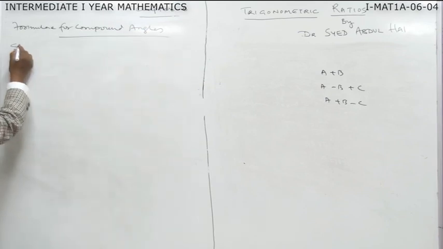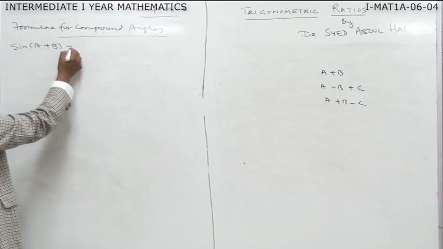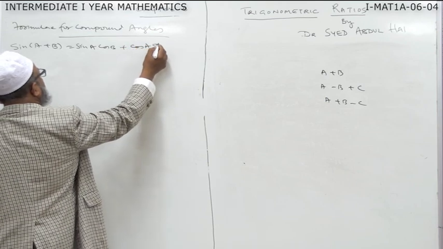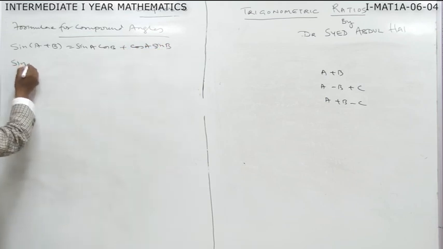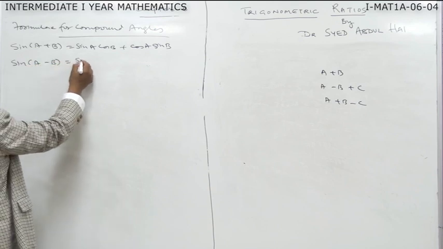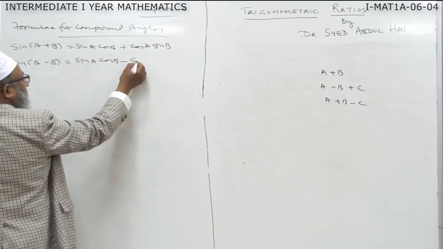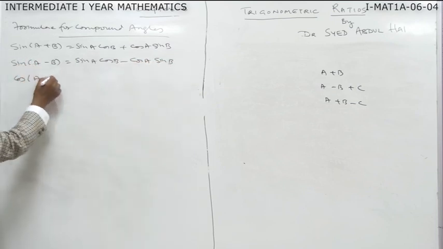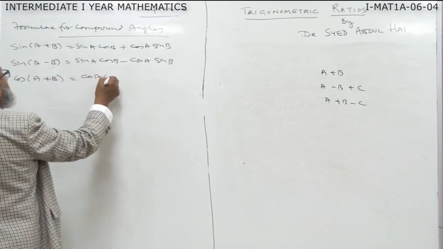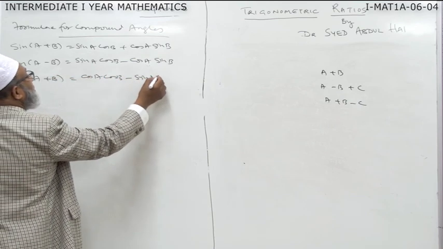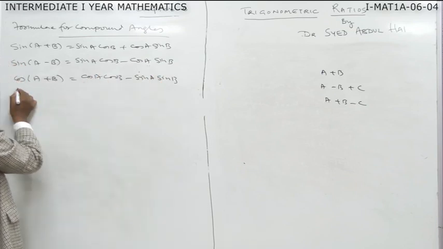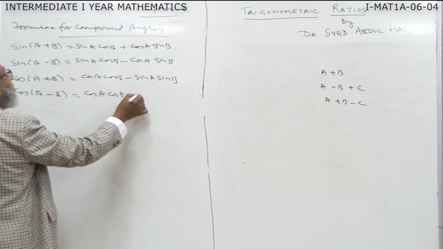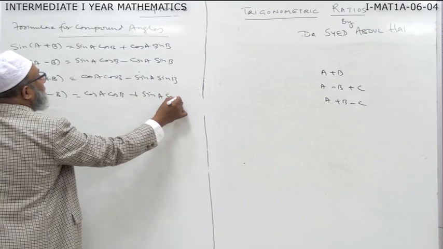First formula is sin of A plus B is equal to sin A cos B plus cos A sin B. Sin of A minus B is equal to sin A cos B minus cos A sin B. Cos of A plus B is equal to cos A cos B minus sin A sin B. Cos of A minus B is equal to cos A cos B plus sin A sin B. Right?